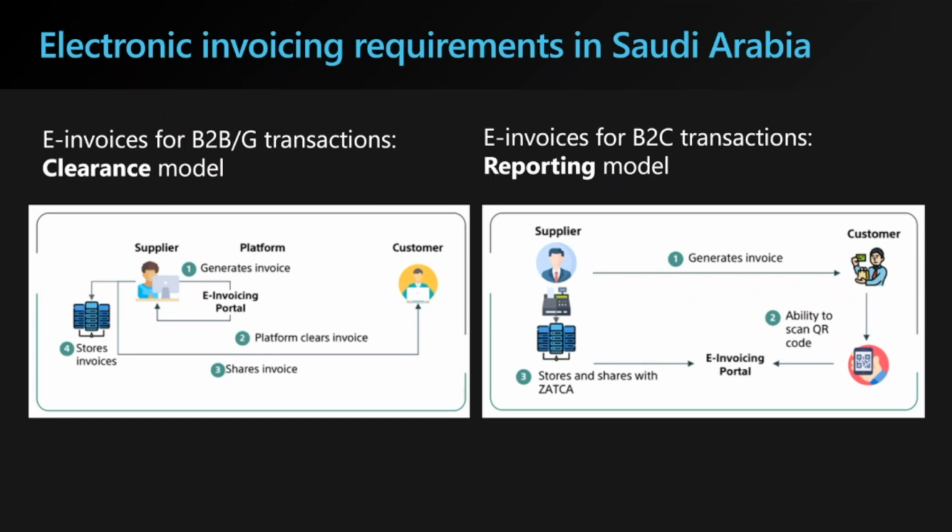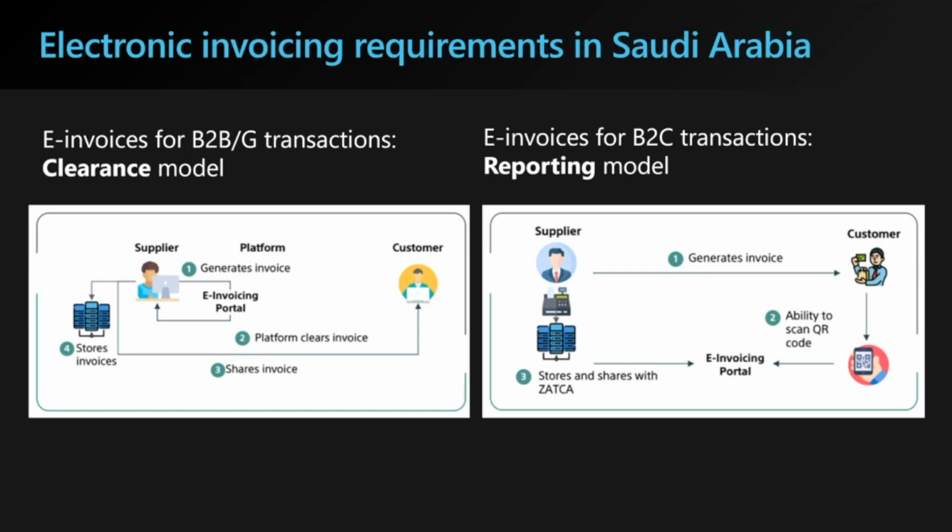The second approach uses the reporting model, drawn on the right side. It describes business to consumer communication. As a result of this communication, simplified tax invoices should be issued and reported to ZATCA. A seller issues an invoice, applies a cryptographic stamp to this invoice on their own, and calculates and attaches a QR code on their own as well.